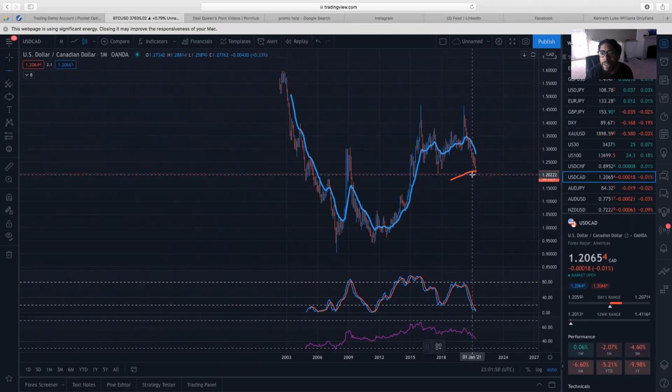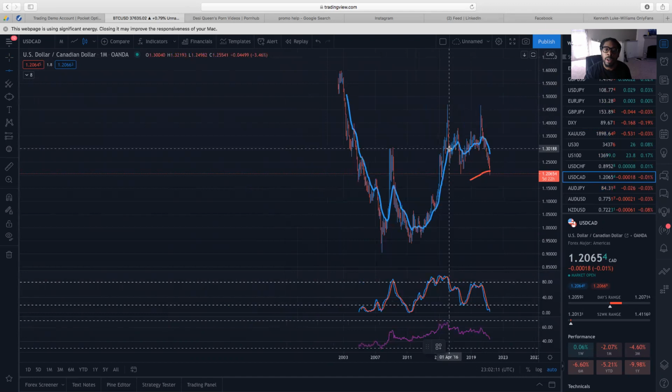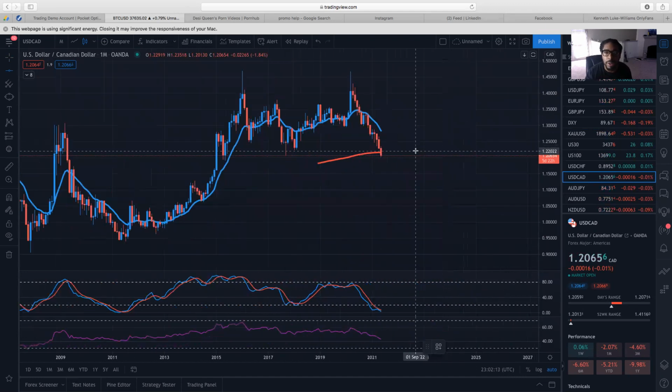And resistance is always at the top of price. So if price is down here, and then the line was here, then this would be resistance. Support is more like your floor, it's under price, and resistance is more like your roof, which is on top of price. And all that will make sense in a minute after I show you guys.